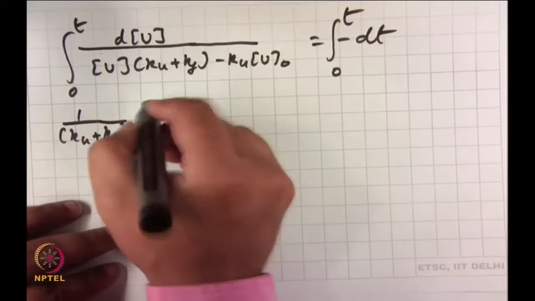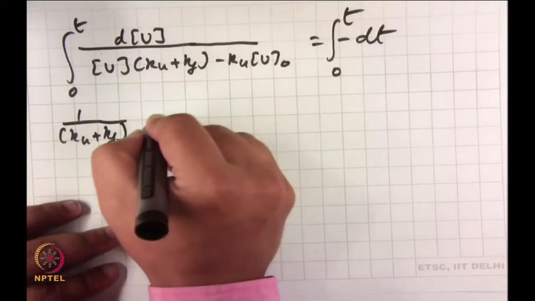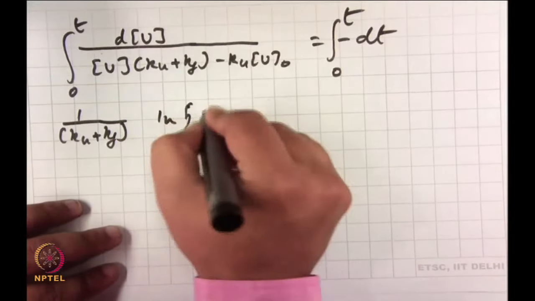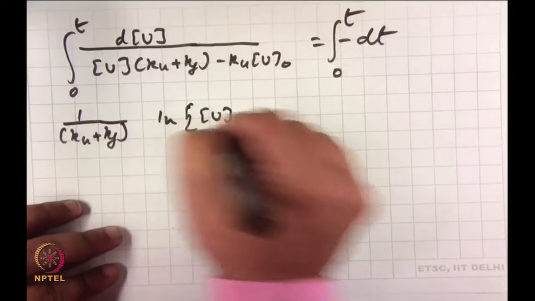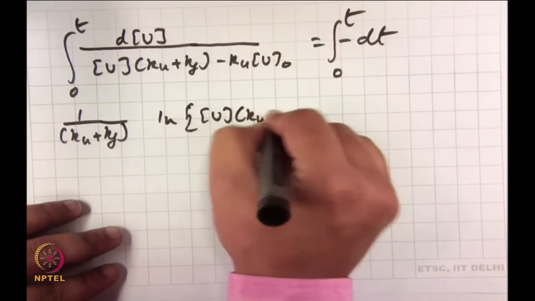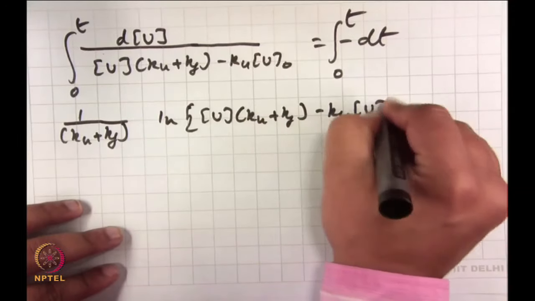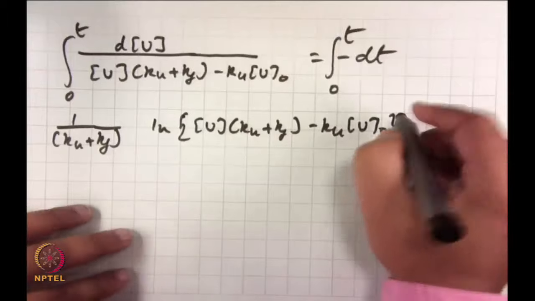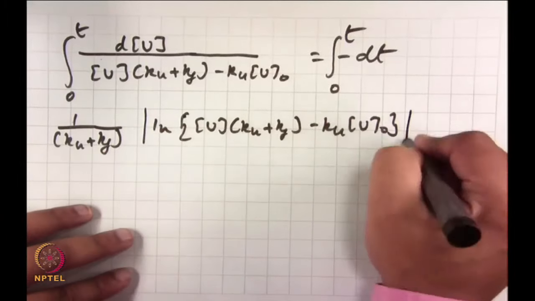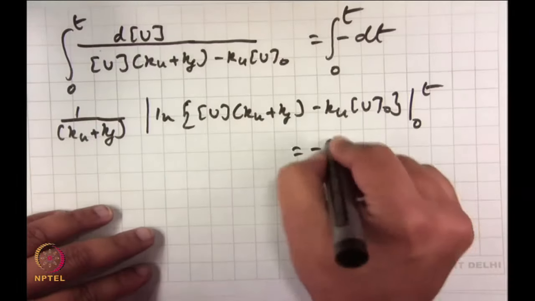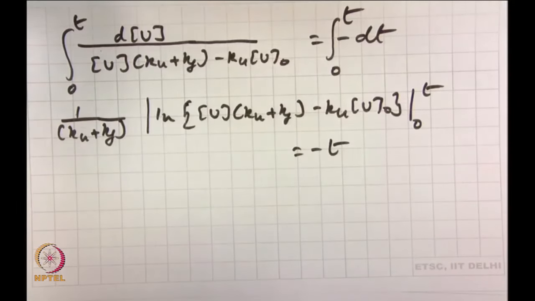Then let me write this natural log, concentration of u, k u plus k f minus k u u naught, and this has to be evaluated from 0 to t. This is equal to minus t. Doable, right? A simple integration.